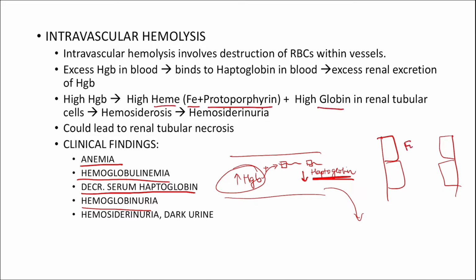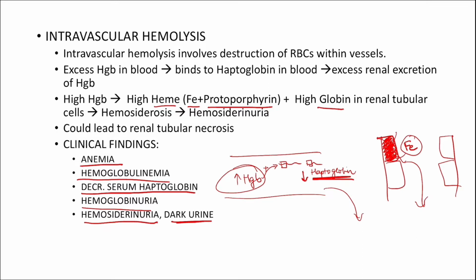And so when there's iron in the tubules of the kidney, it enters the tubular cells and causes oxidative stress because of free radical and oxygen release, and therefore it causes the cell to die, slough off, and be excreted in the urine. And this is called hemosiderinuria, and that's why you have dark urine.